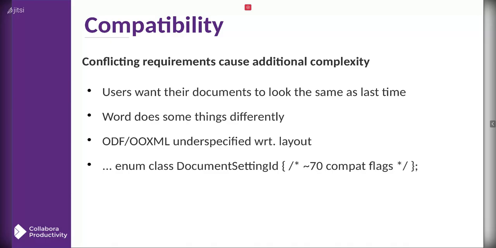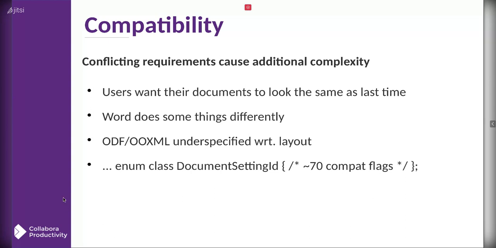And as a result of all of these compatibility issues, we have in the layout code and the text formatting code about 70 different compatibility flags that all have to be taken into account, and they, of course, add additional complexity to the implementation.